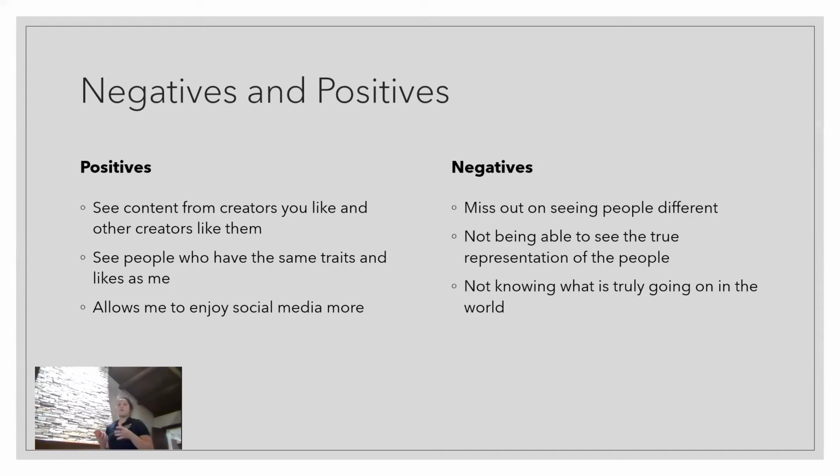It also shows you people who have the same traits and likes as you. So we typically like to gravitate towards people who are like us. We like to gravitate towards people who are outgoing, who are extroverts. And it also allows me to enjoy social media. If I didn't see anything that I liked, I wouldn't even be on my phone. I probably would be, I don't know, playing a sport or doing something else that I like.